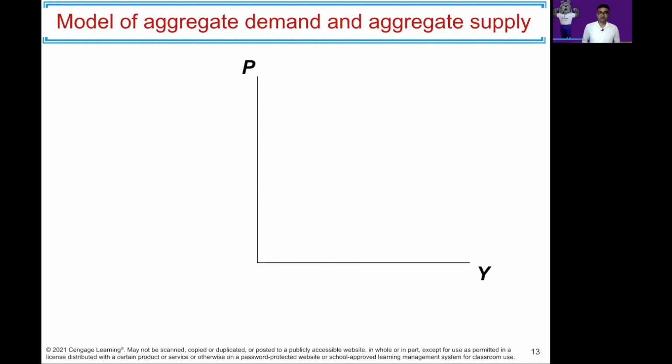The first variable is the economy's output of goods and services as measured by real GDP, which we are showing here as Y on the x-axis. And the second is the average level of prices as measured by the CPI or the GDP deflator, which is P here.